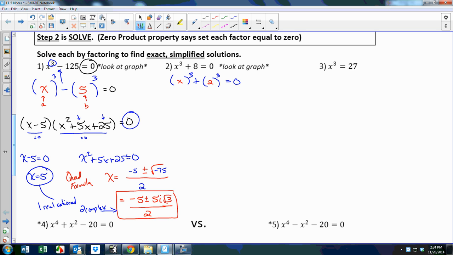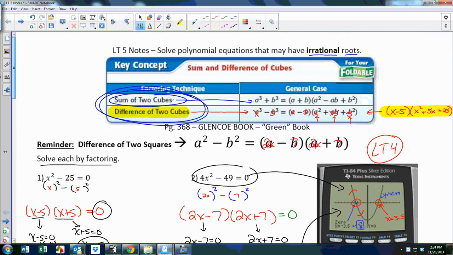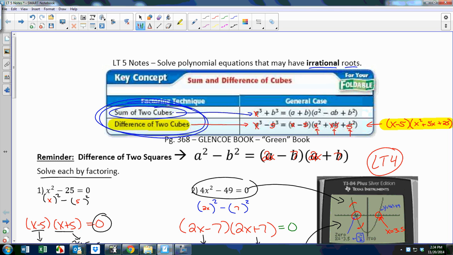X is the A, 2 is the B. So up here, x cubed plus 2 cubed factors to x plus 2, x squared minus x times 2 plus 2 squared. Clean that up. That would say x plus 2 in the first parentheses, and then x squared minus 2x plus 4 in the second.